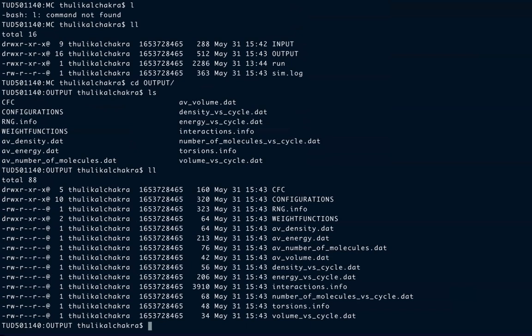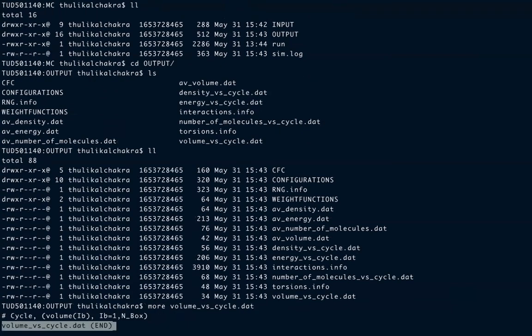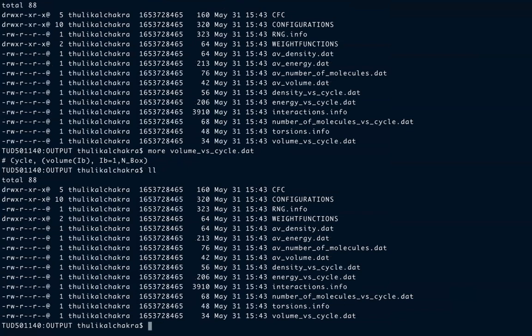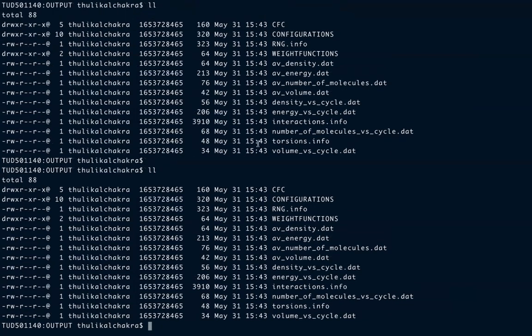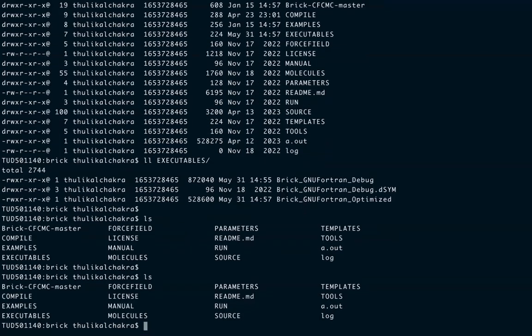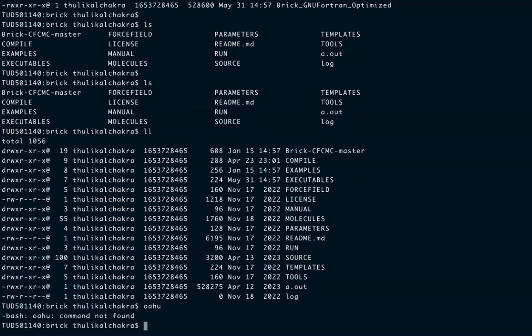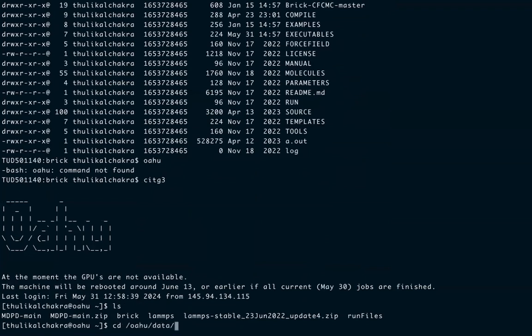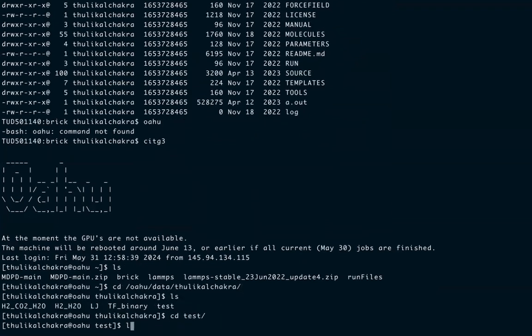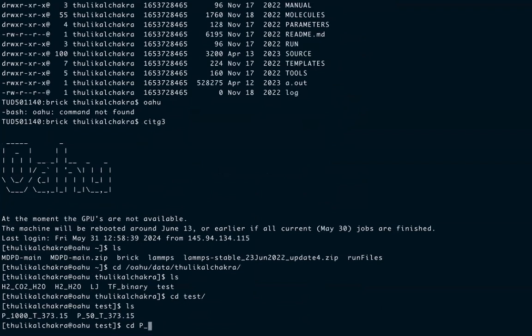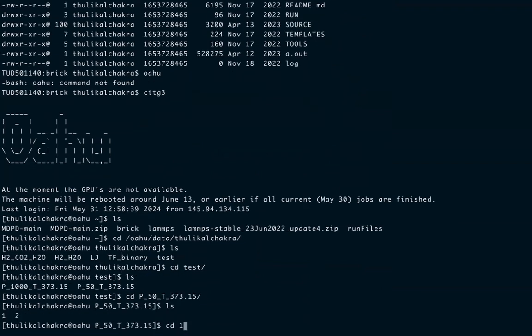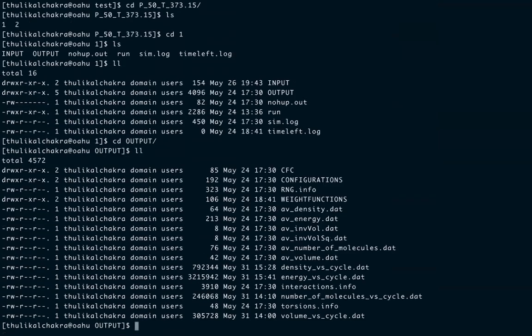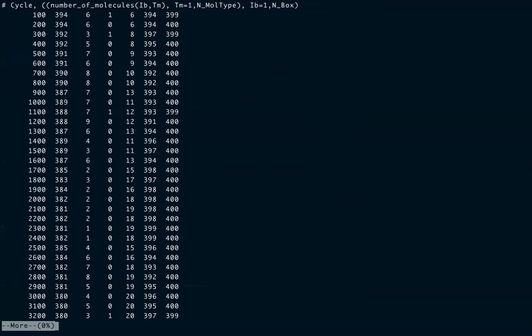All right. Now in your output file, you can basically see a list of files that are outputted. So you can see that there's a volume versus cycle.dat, there's a number of molecules versus cycle.dat, and so on. Now, since the simulation is running and it will take time, I will show you in an alternate simulation how each of these parameters look. So here you can see how this output file looks.